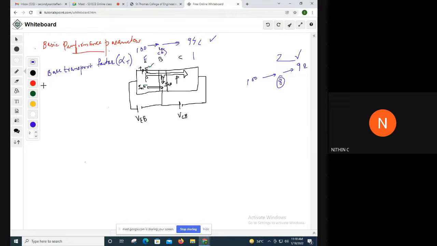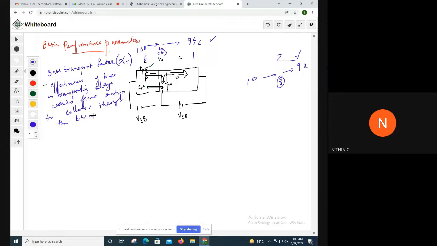You can write that statement: the effectiveness of the base in transporting charge carriers from emitter to collector through the base.